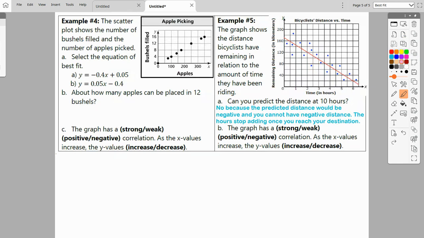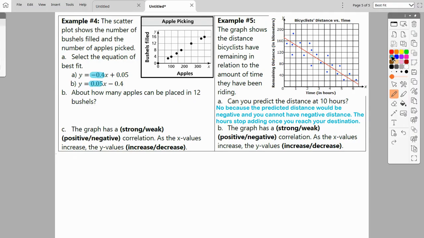We're going to look at example number 4. The scatter plot shows the number of bushels filled and the number of apples picked. We want to select the equation for the line of best fit. Right away, I'm going to look at the elements of my equation, and that's going to be what's in front of x. That's my slope here.